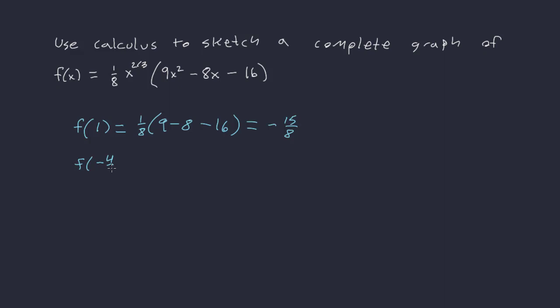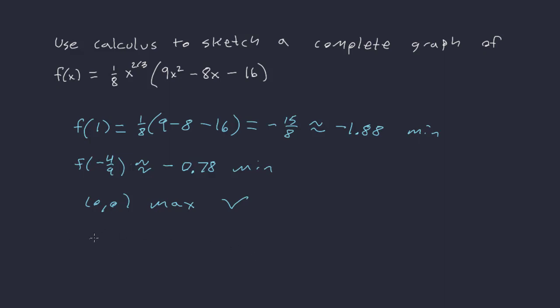And then when we plug in negative 4/9, that one's not going to be as easy to do, so I'm just going to use a calculator for this one. And we get negative 0.78. All right, so as we established, this was a min, this was a min, 0, 0 was a max, but it's a sharp one.